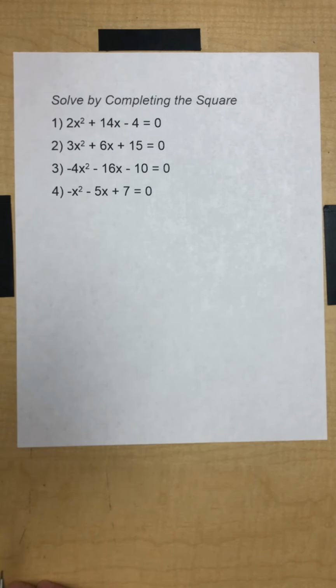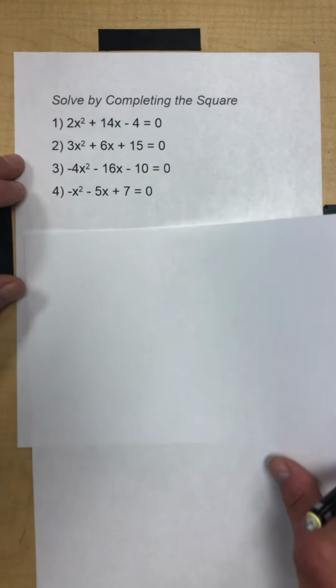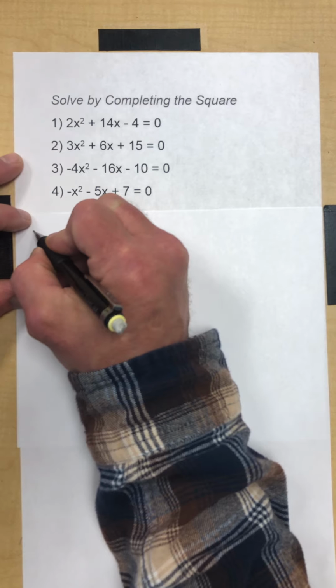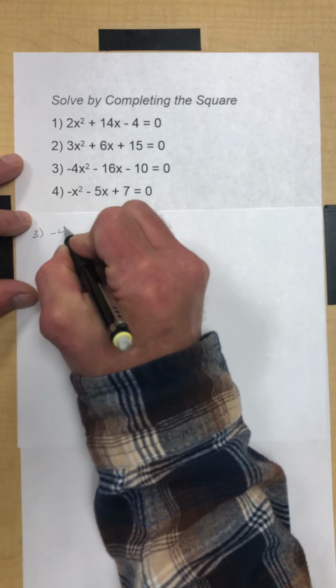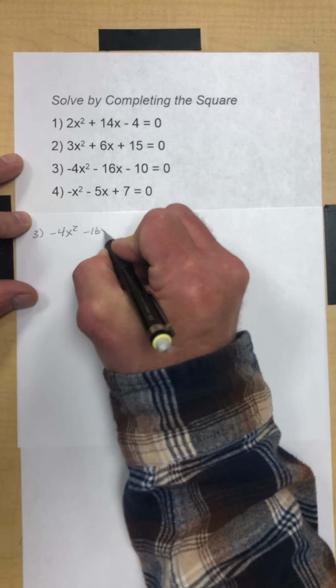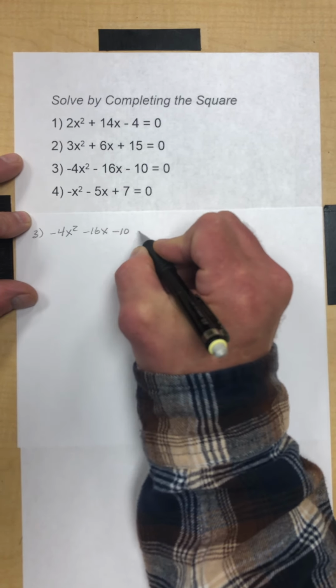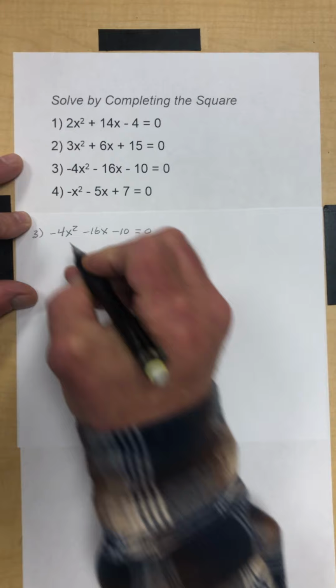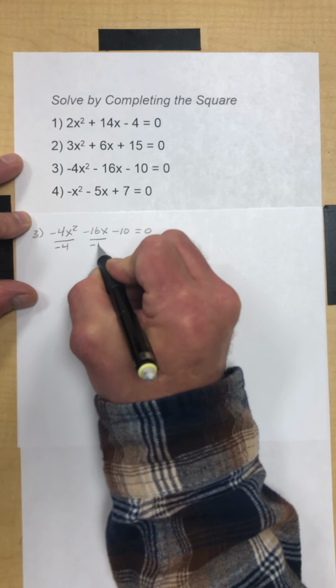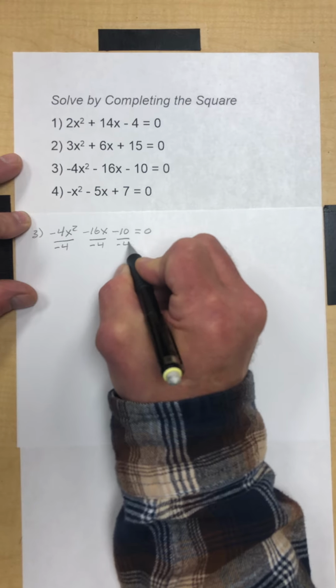Let's see, we get down to that third one. I've got negative 4x squared minus 16x minus 10 equals 0. I've got to divide out this negative 4, so I have to divide by negative 4 all the way through.